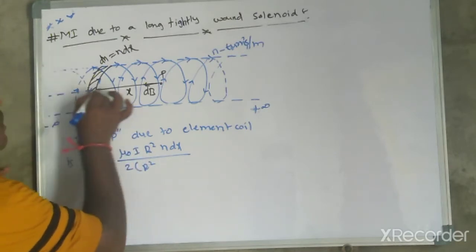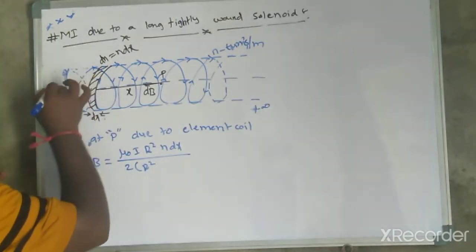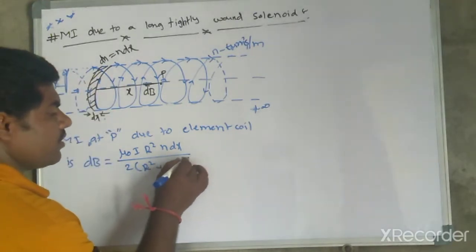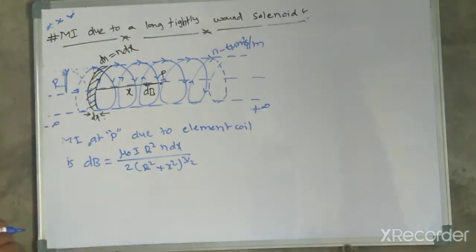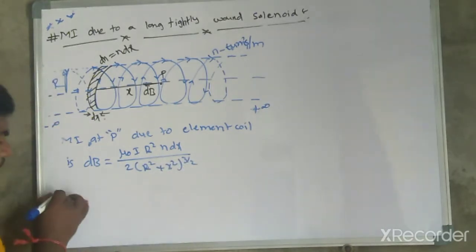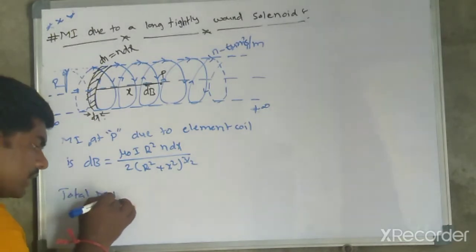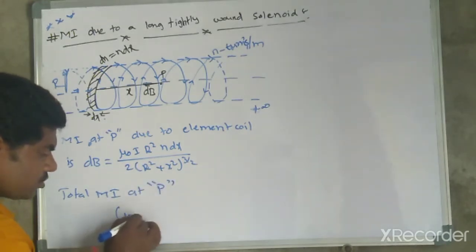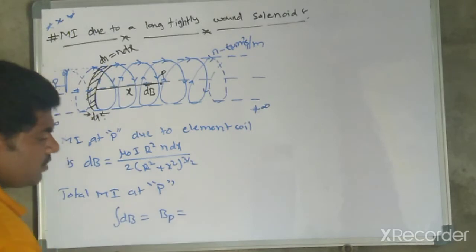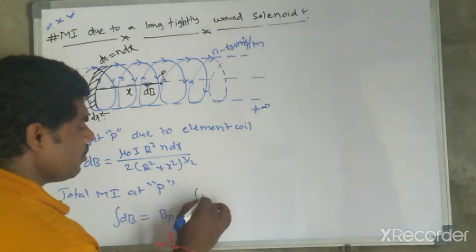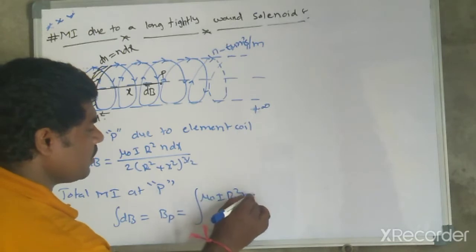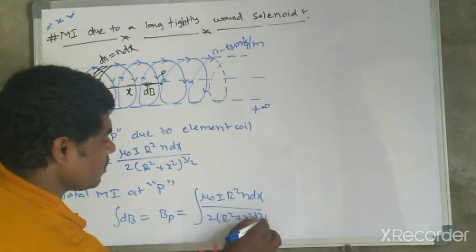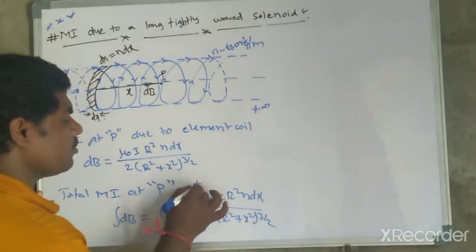Let us consider this is the center, with radius r, so the denominator is 2 into (r square plus x square) whole power 3 by 2. If we want the total magnetic induction at P, it is the integral of dB, which is BP equal to the integral of mu naught I r square n dx divided by 2 (r square plus x square) whole power 3 by 2, with limits minus infinity to plus infinity.